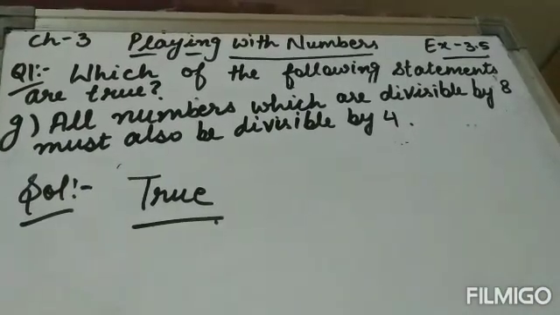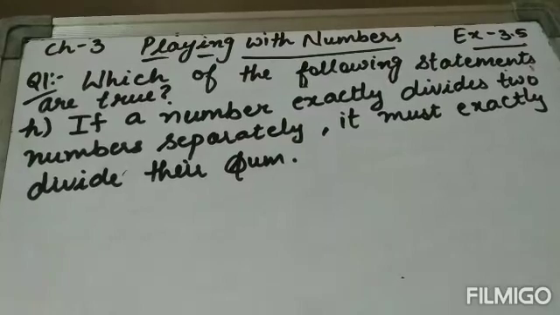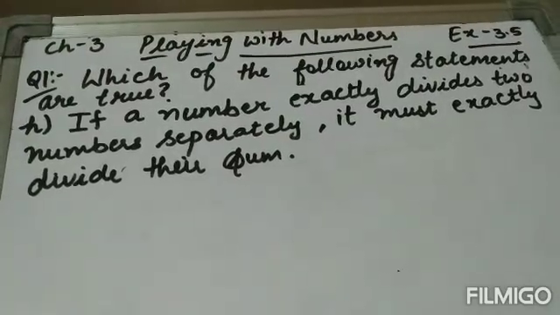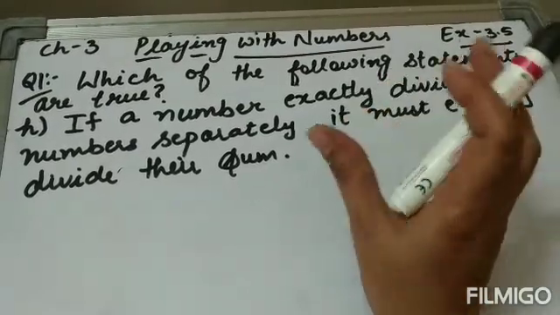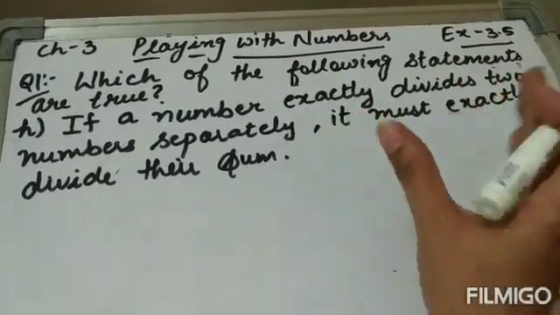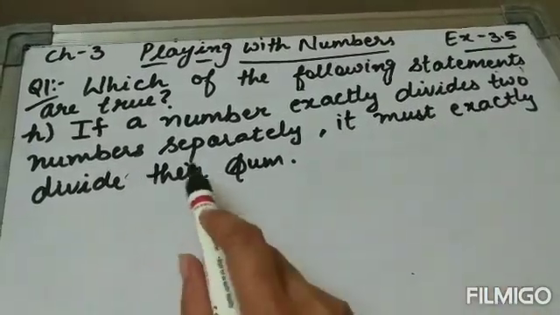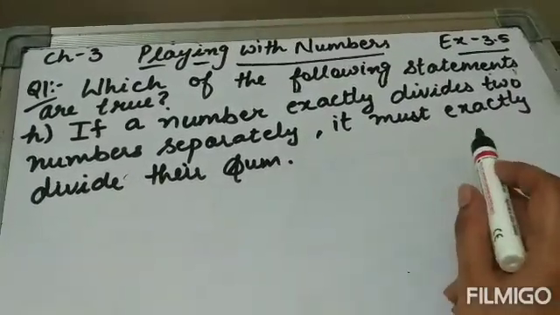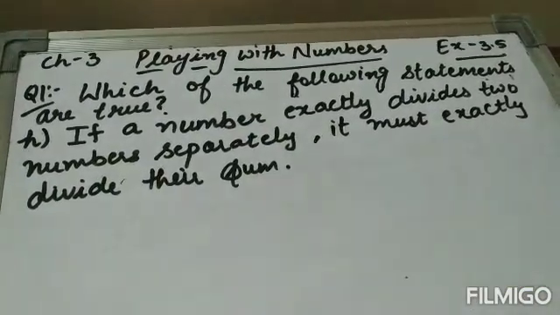This is our property. H part is if a number exactly divides two numbers separately. If a number exactly divides means the remainder comes out to be 0. If a number exactly divides two numbers separately, it must exactly divide their sum. I explain you with an example.